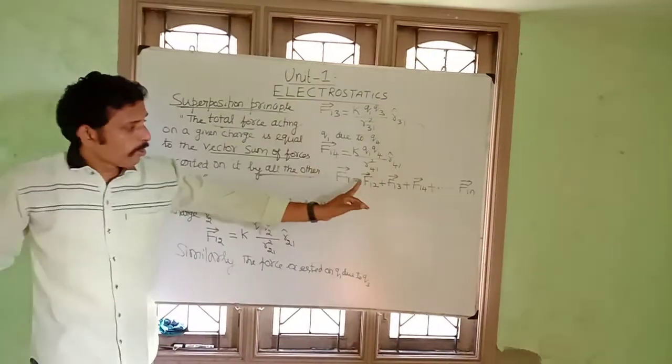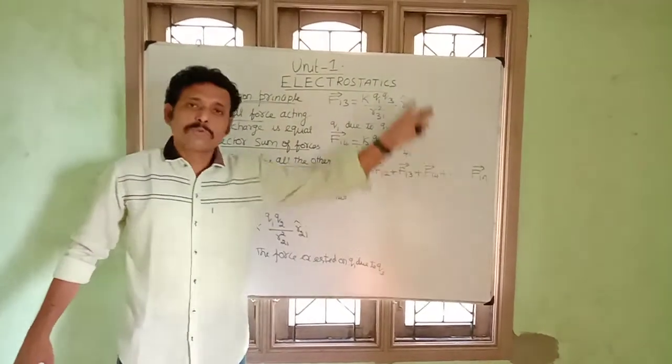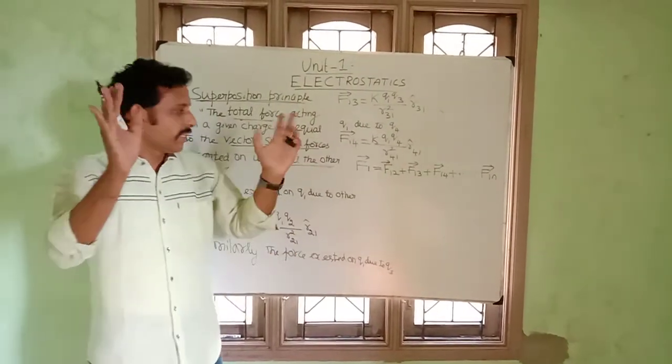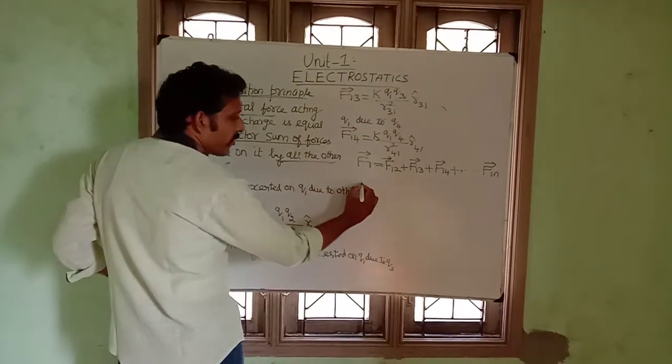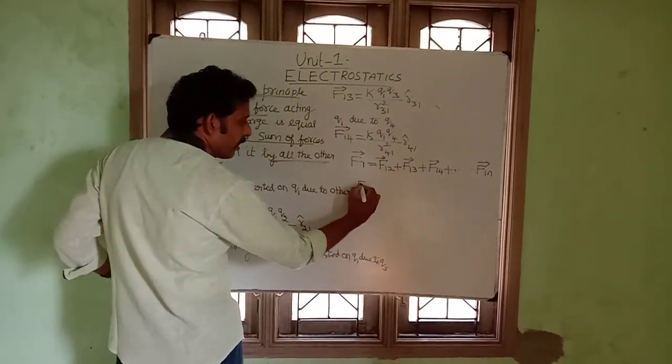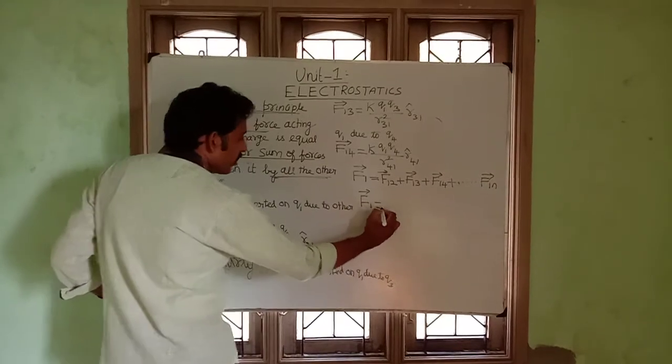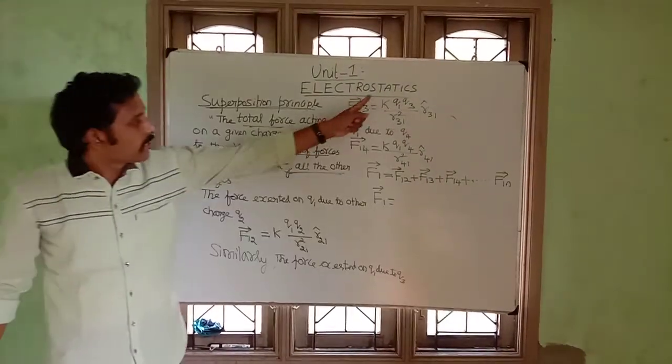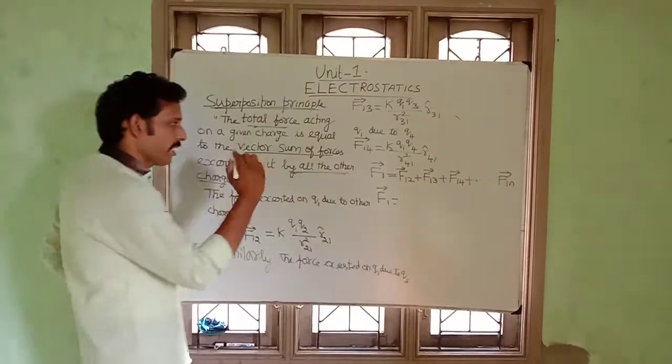Now students, you know F vector 12, F vector 13 and so on. Substitute all of these and you get one equation, the final superposition equation. In all the cases K is common, so let us take K out.